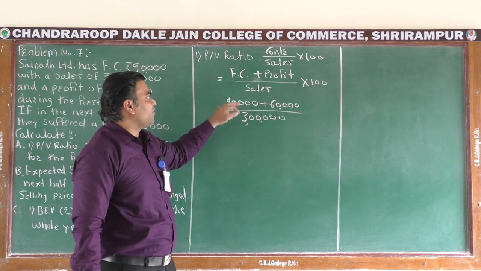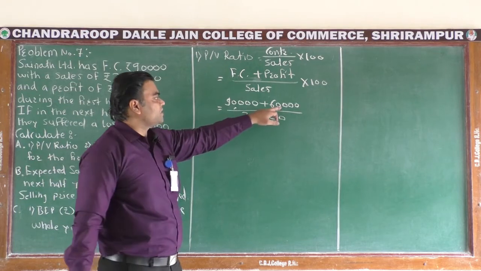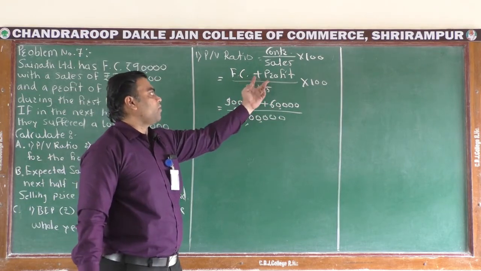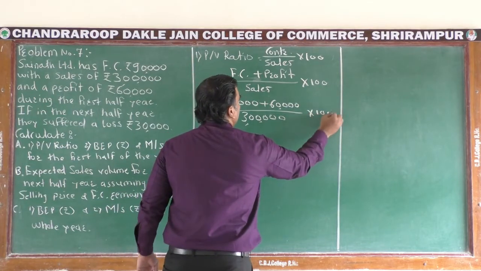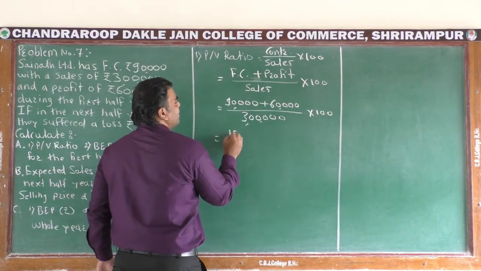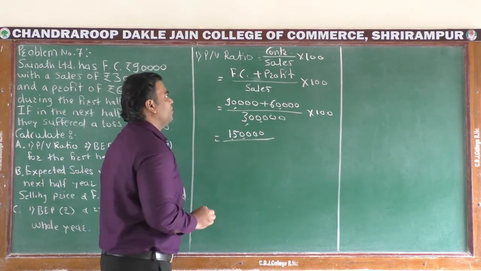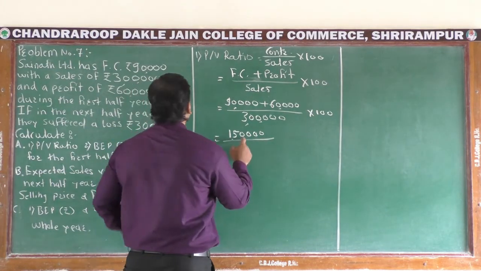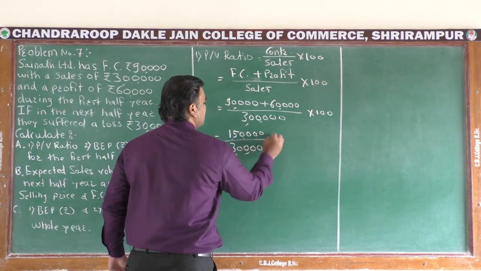That's why we have taken 90,000. Profit of first half year is 60,000. That's why 60,000 we have taken. Fixed cost plus profit is equal to contribution. In that way, contribution amount will be 1,50,000. So 1,50,000 is the amount of contribution divided by sales, which is 3 lakh into 100.